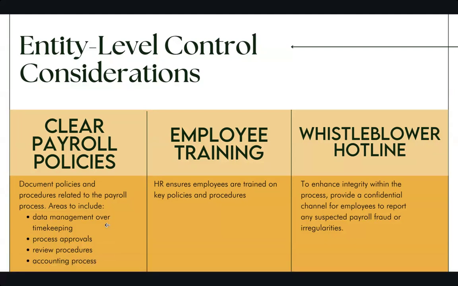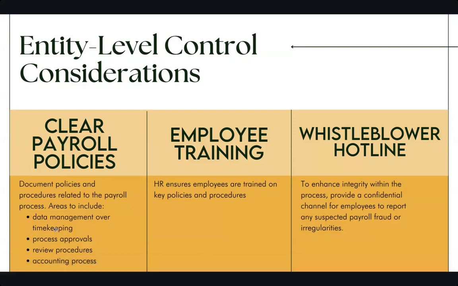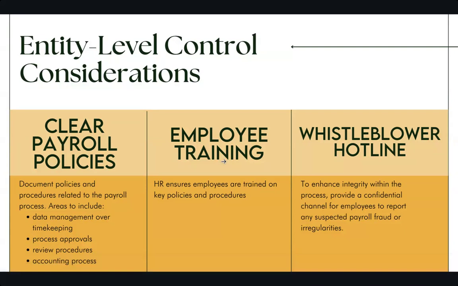So how everything gets accounted for gets documented within the policies. And sometimes the accounting policies differ from the HR policies, and payroll will be in one or the other. But all four of these should be documented in between the two of those key policies. This second bucket here is on employee training.